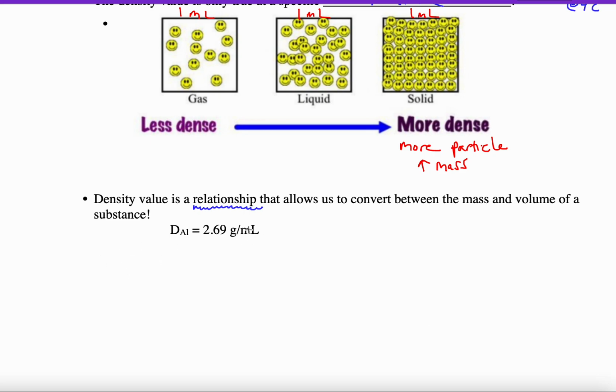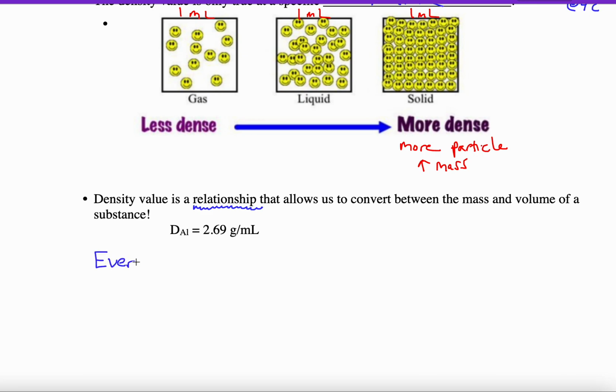So let's write a sentence that explains this summary right here. In science class, we like to use summary ideas, but we also have to understand what that little summary represents. So this is what it means.